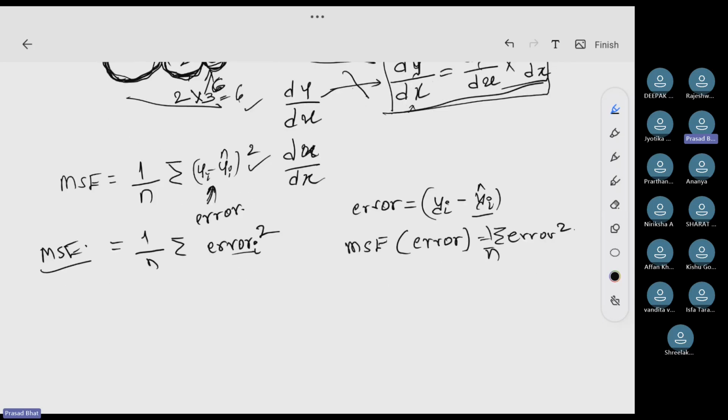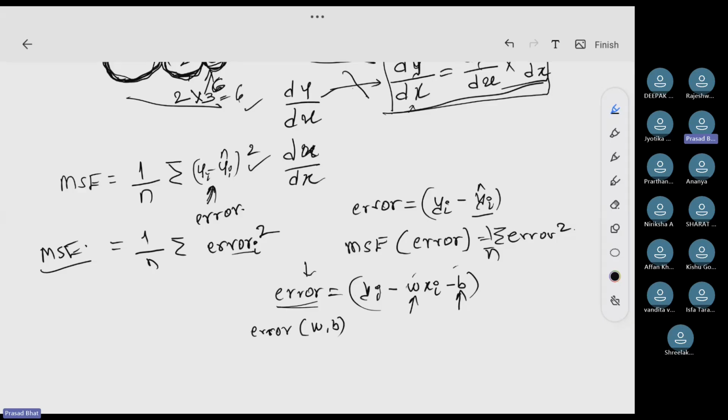So if I write the error formula with the expansion, then error is nothing but yi minus w xi minus b. This is what error function is, right? And error function is dependent on what? These two variables, w and b, right? Based on the value of w and b, my error is going to change. So I can write something like error is a function of w comma b.